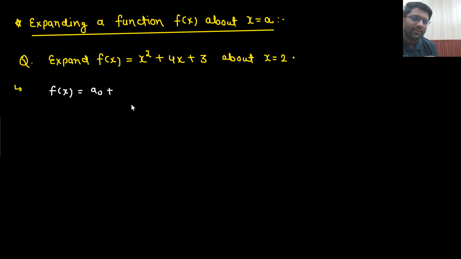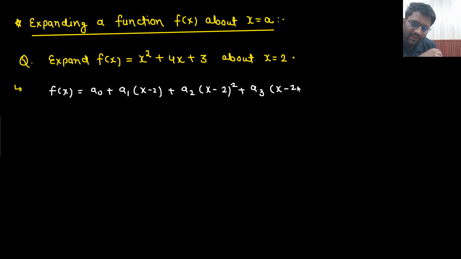f(x) should be equal to a0, some constant value, plus some factor multiplied with (x minus 2), plus some factor multiplied with (x minus 2) whole square, plus some factor multiplied with (x minus 2) whole cube, and power 4 and so on.